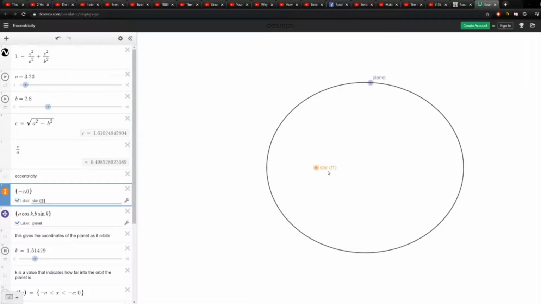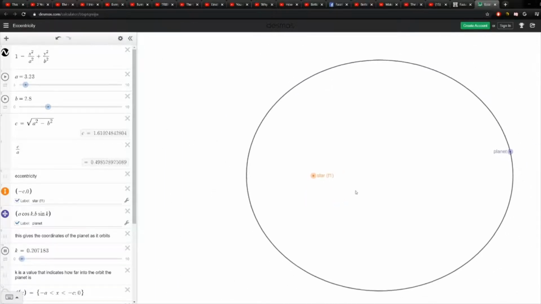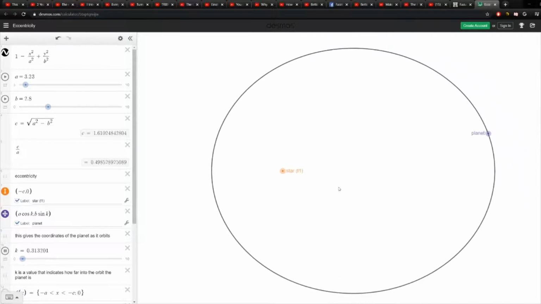The center of mass is still going to be extremely close to the star, like maybe right here. But notice, so it's an assumption, really, that the focus is on the star, when in reality it's going to be extremely close to the star. Does that make sense? I think so.